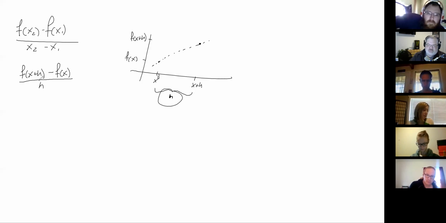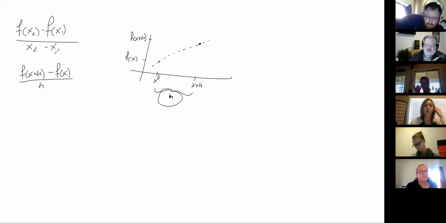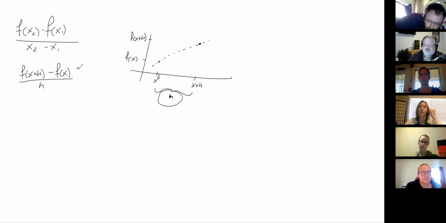So it does simplify our denominator down to a single term as opposed to these multi-term denominators. In this form, we call this the difference quotient.